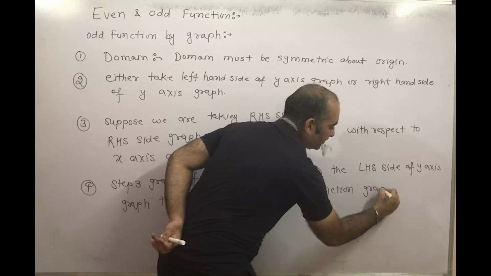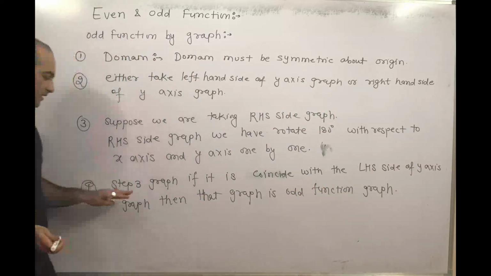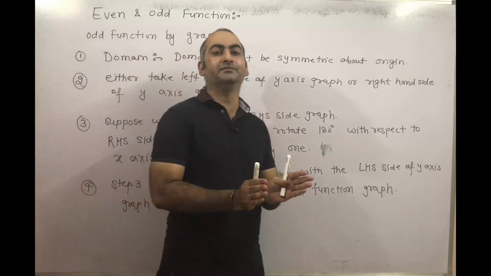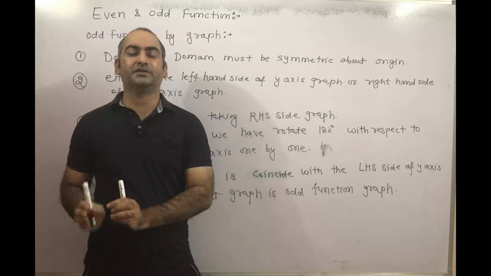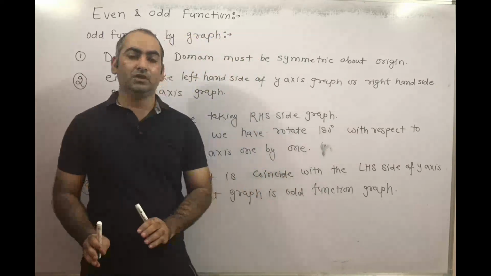So in step 3 we get a graph. If that graph is coinciding with the left hand side of the given graph, then we can say that graph is an odd function graph. If it is not coinciding, that means it is not an odd function graph. So this we have to follow.